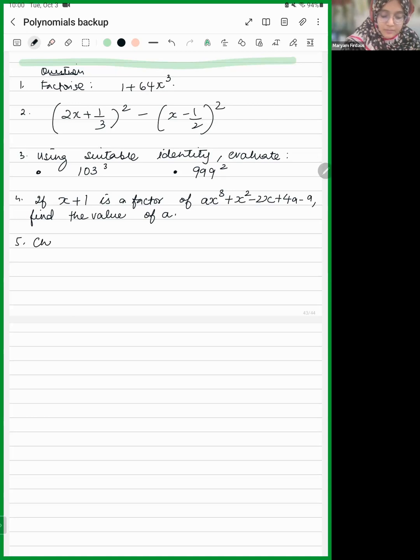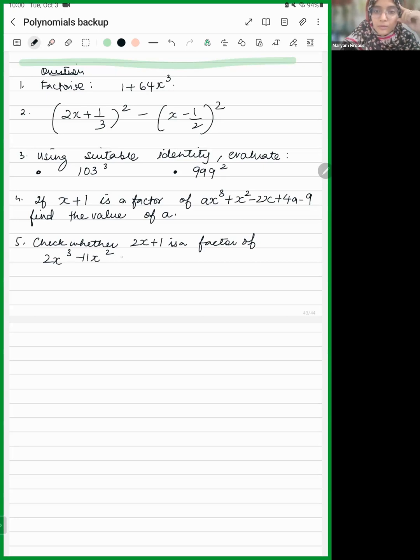Check whether 2x plus 1 is a factor of 2x cubed. Ma'am, is it minus 9 or minus a in the fourth question? Fourth question, last term, minus 9. Okay.